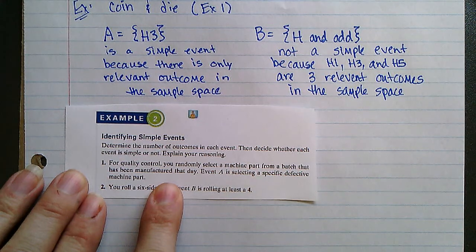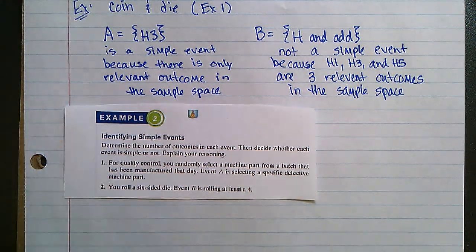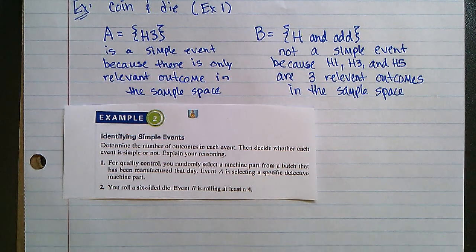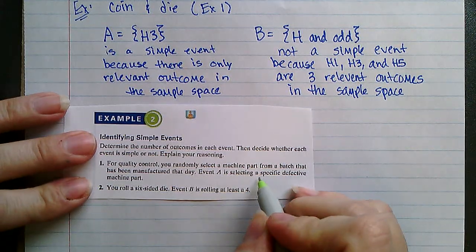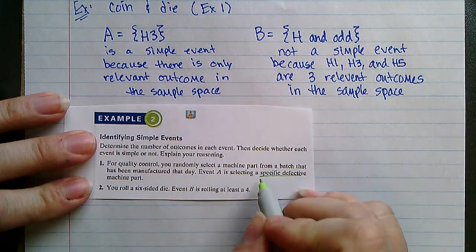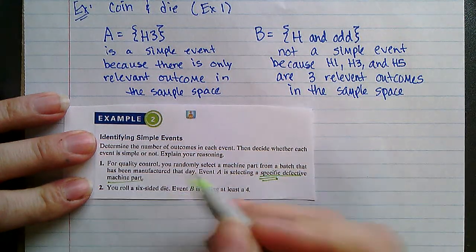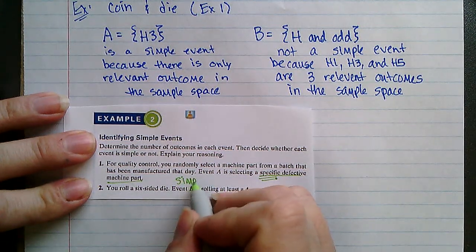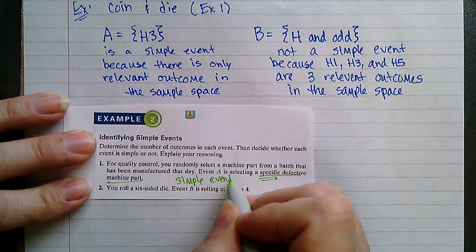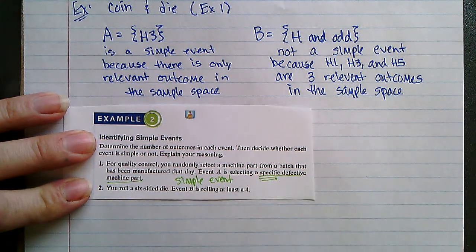Event A is selecting a specific defective machine part. Is this a simple event or not? That makes it a simple event because it's referring to a specific part.